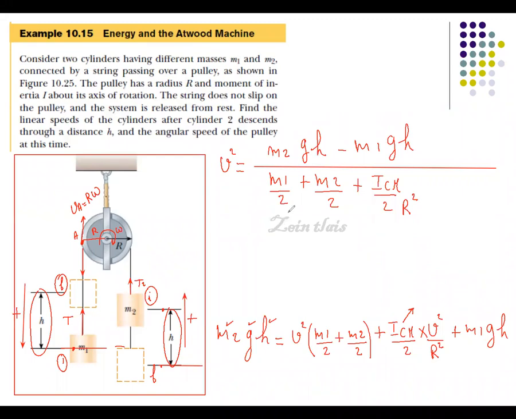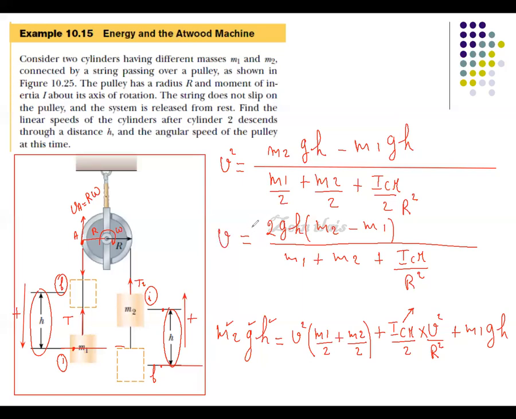Here we can simplify the relation. We can take half as common down. We can take G H here and 2 will be up. Inside we get M2 minus M1, and here we have M1 plus M2 plus ICM divided by R square. If I want to calculate V, I have to put a radical. This is the value of V.